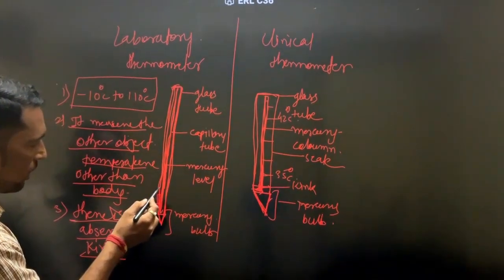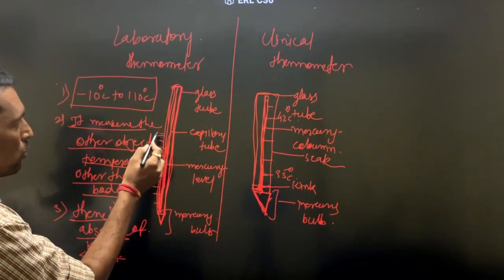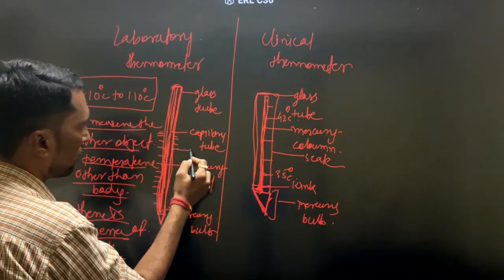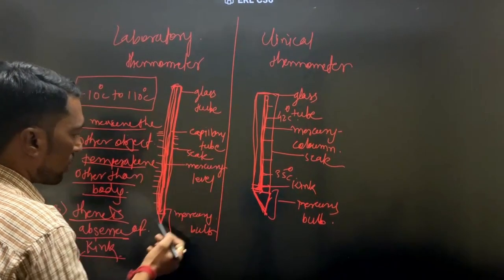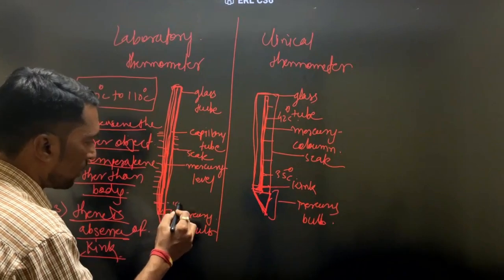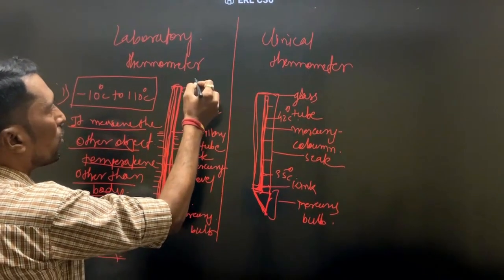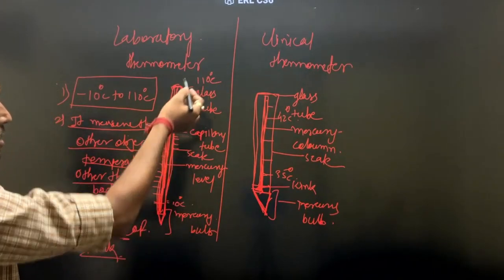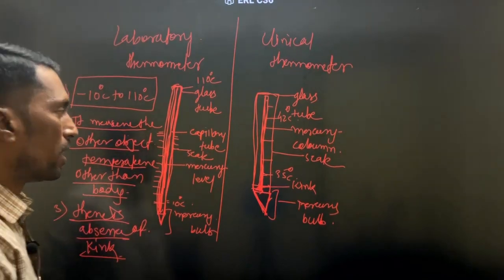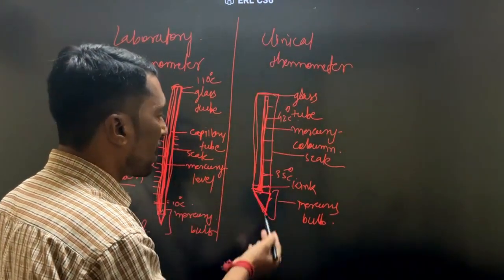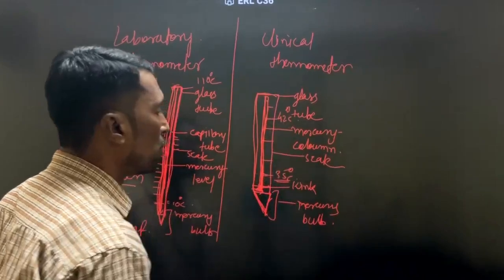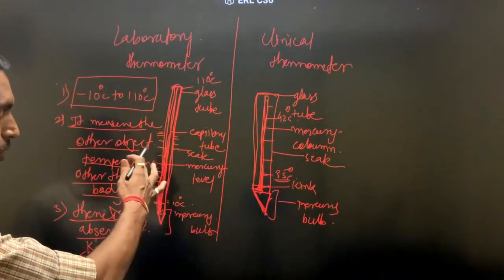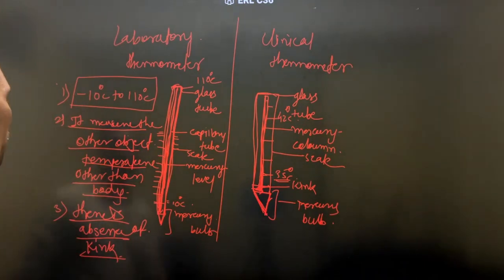This is a scale, and it starts from minus 10 degrees Celsius to 110 degrees Celsius. And the clinical thermometer starts from 35 degrees Celsius to 42 degrees Celsius. These are both the diagrams.